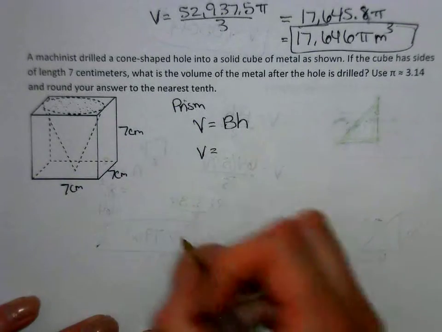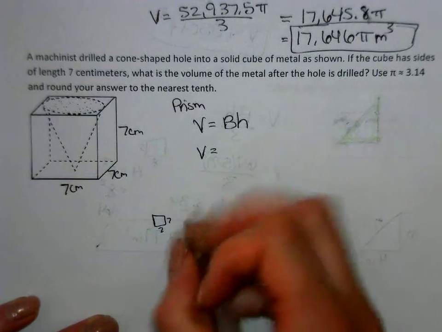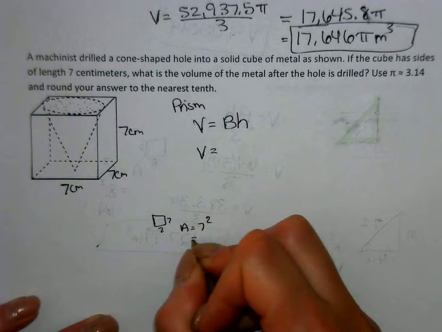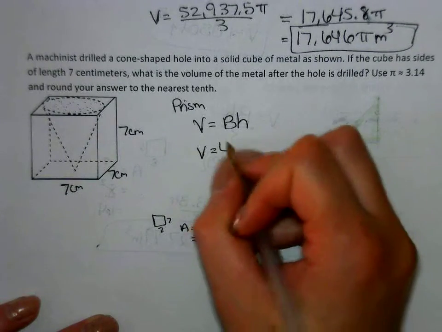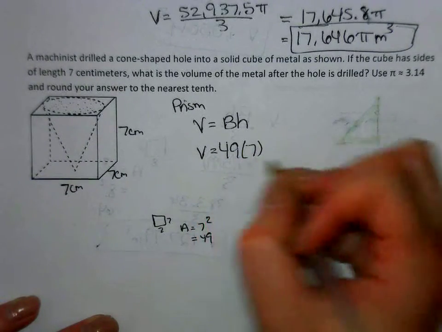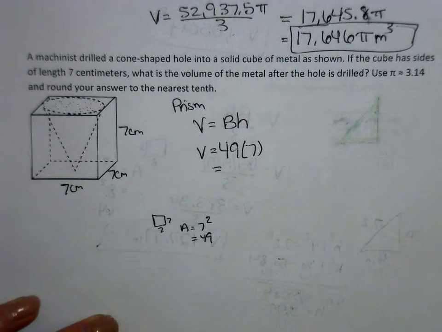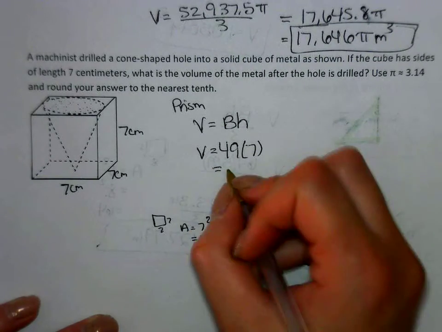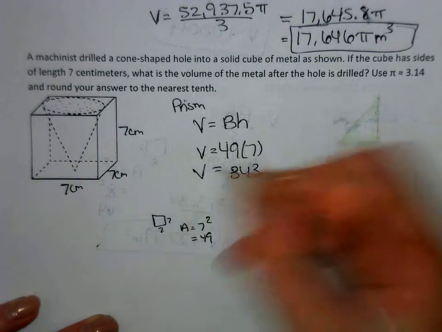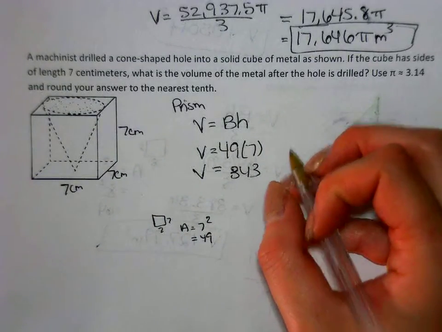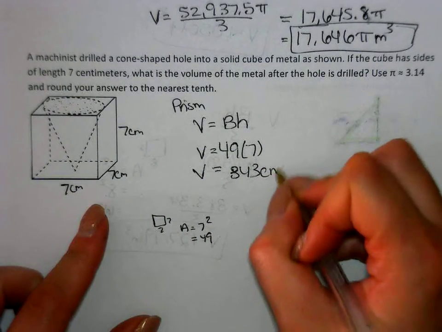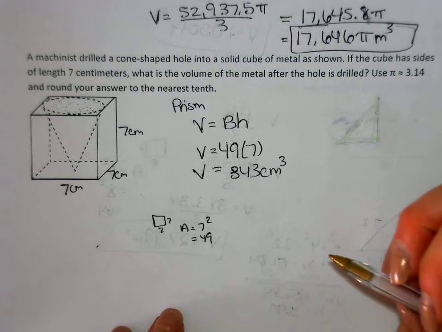The area of our base is a square, so 7 squared, which is 49, times the height, which is 7. And 49 times 7 is 343. So that's the volume of our cube of metal.